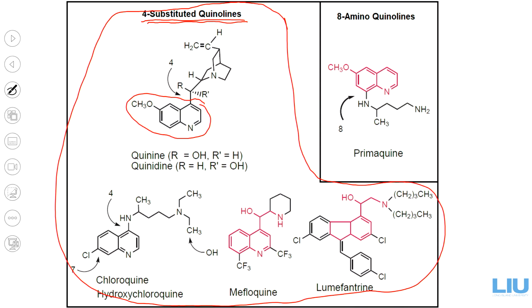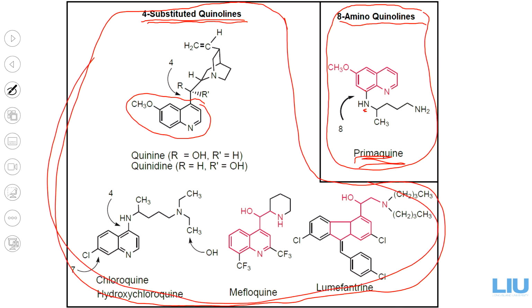And then we also have 8-aminoquinolines. At position number 8 here, we have the amino group, and this category of drugs has a different mechanism of action, which would help us understand why primaquine acts on the exo-erythrocytic forms, unlike everything here that works in the erythrocytic form.